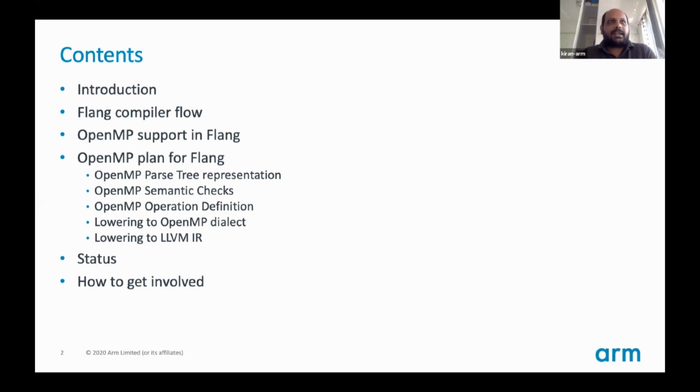Once I provide a high-level summary of that, I will go a bit deeper into each of these stages in the compiler flow, starting from the parse tree representation, semantic checks, high-level IR, and all the way to lowering to LLVM IR. Once I've done that, I provide a status of the implementation, and I end with pointers to how you can get involved if you're interested.